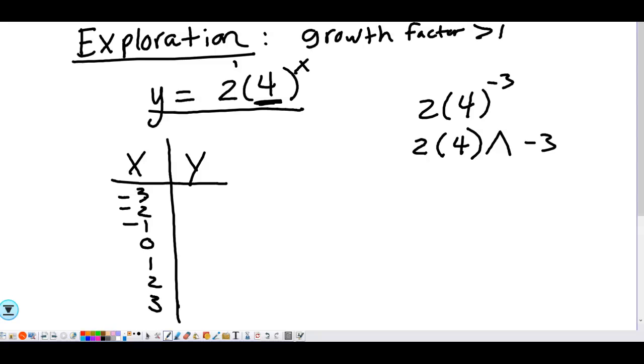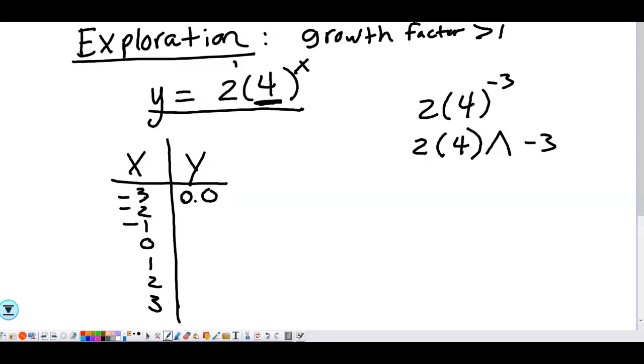You should get an answer, and we're just going to round it to the 10th place. That's the first number after the decimal. So let me ask Alicia, what did you get by doing that? 0.03? Okay, now we're only going to go to the 10th place.